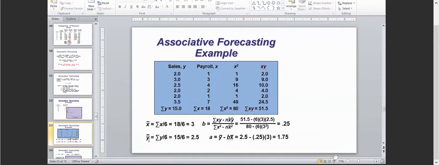We have y bar here, and the total of y is 15, divided by 6, so we have 2.5 here. Next, we need to find the slope of b.